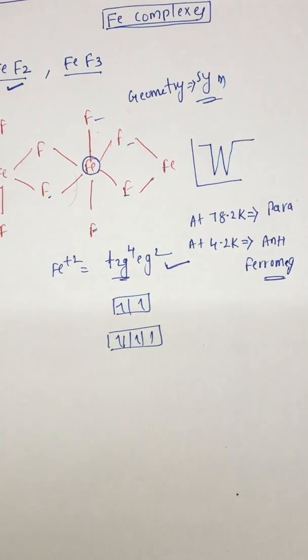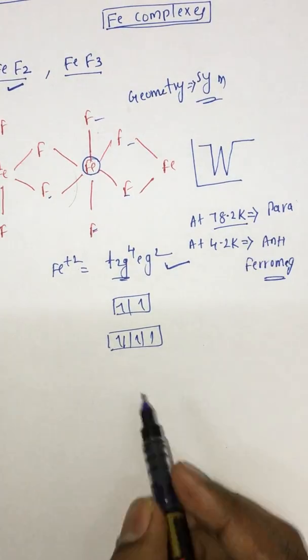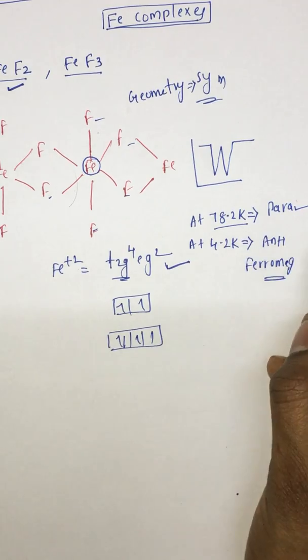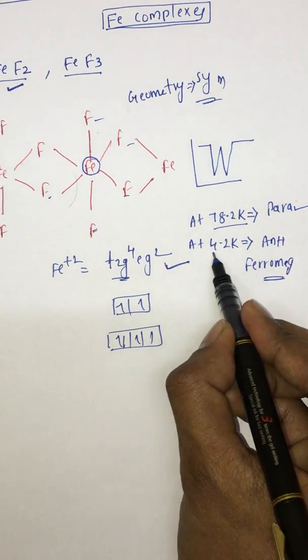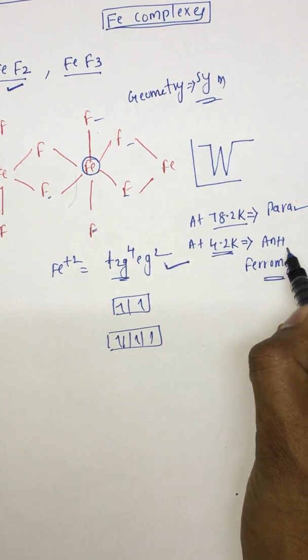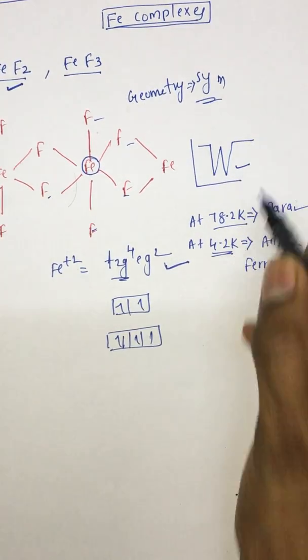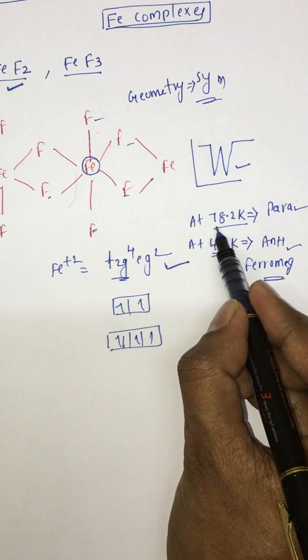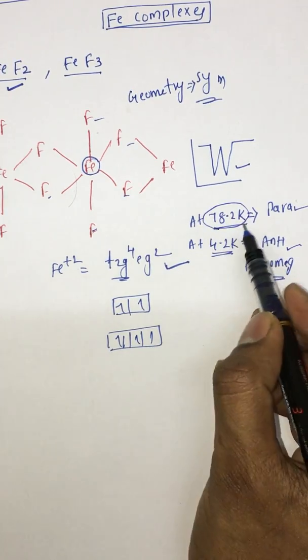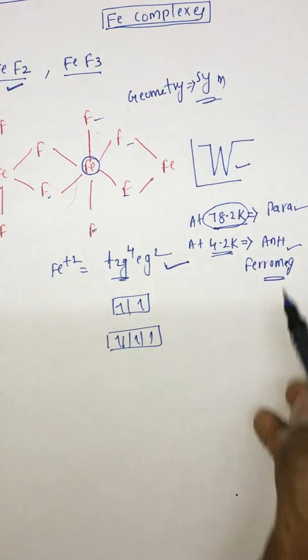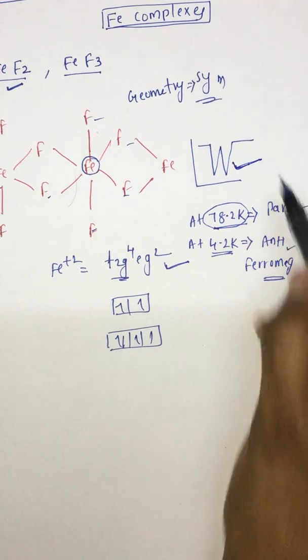So this FeF2 at 78.2 Kelvin exists as paramagnetic in nature. At 4.2 Kelvin temperature, it exists as antiferromagnetic in nature. So this is the spectra when we record at 78.2 Kelvin. There it is paramagnetic. Here we get this kind of spectra.